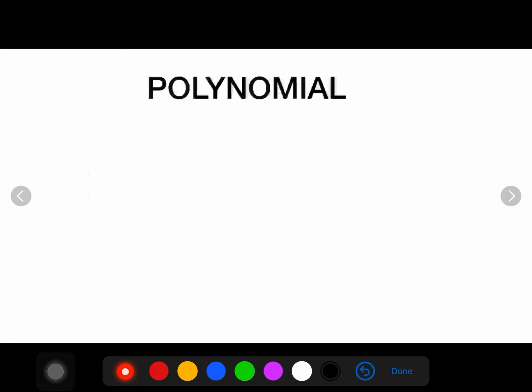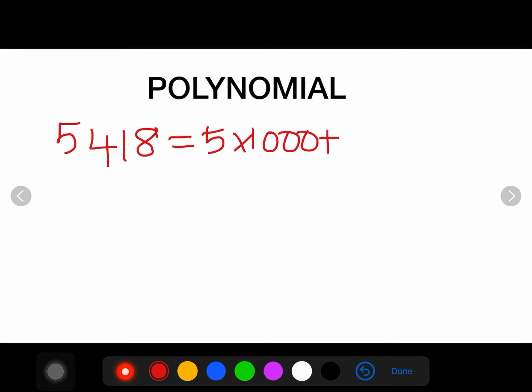Again, to know what a polynomial is, let's see an example. Let's consider the number 5418. How will you expand this number? 5 into 1000 plus 4 into 100 plus 1 into 10 plus 8.